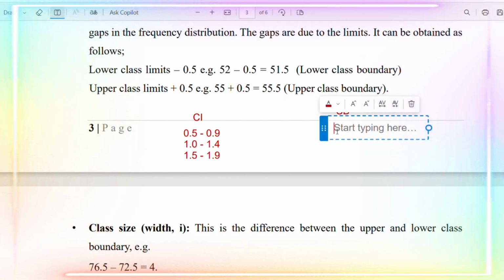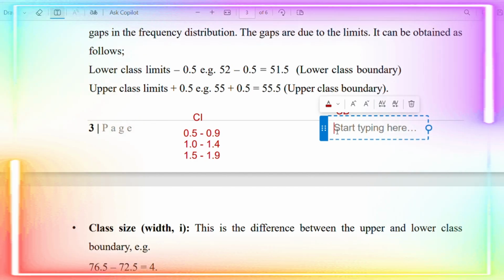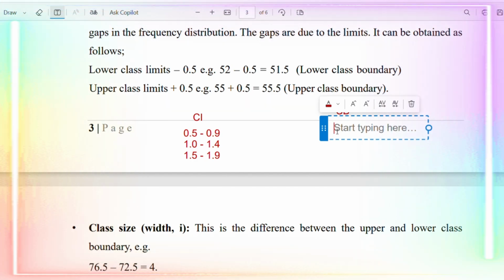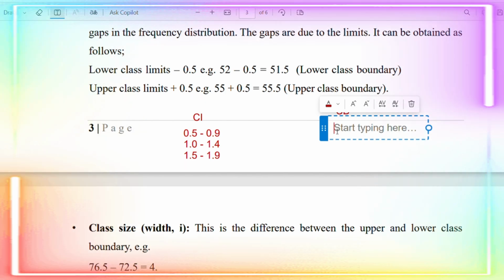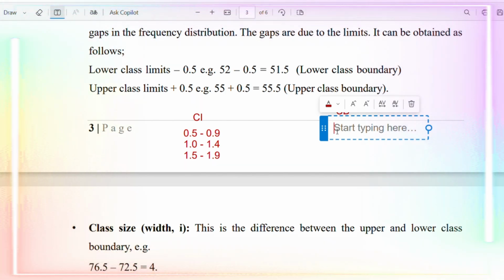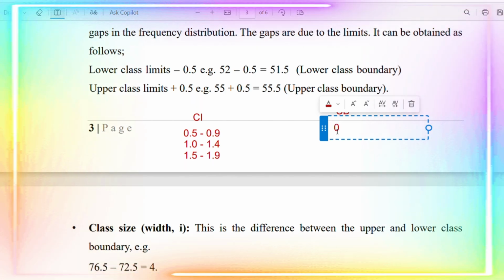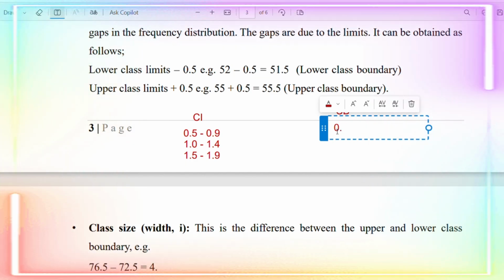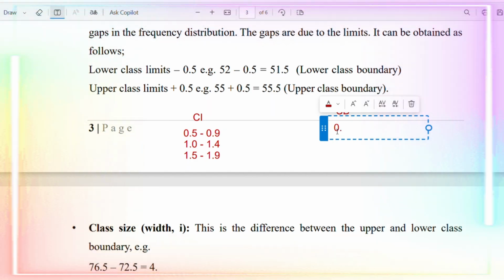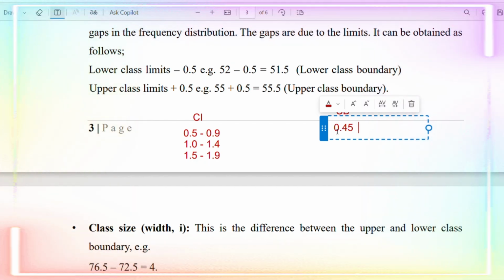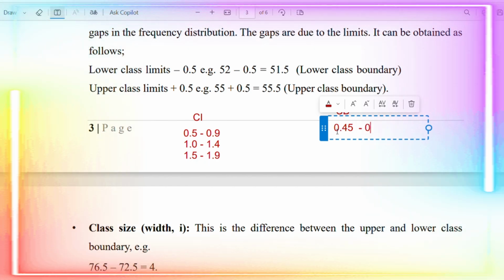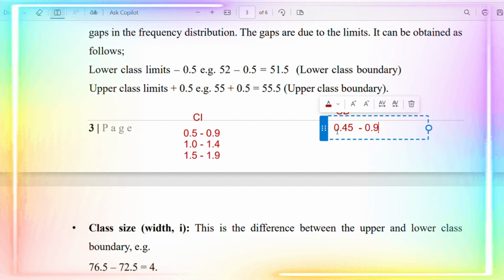So you subtract that 0.05 from the lower class limit and add 0.05 to the upper class limit, and that will give you 0.45 to 0.95.